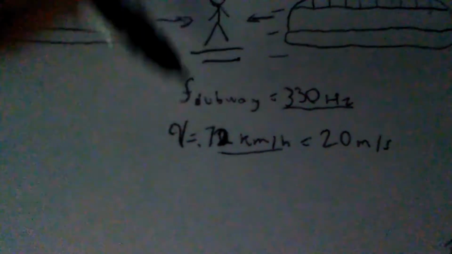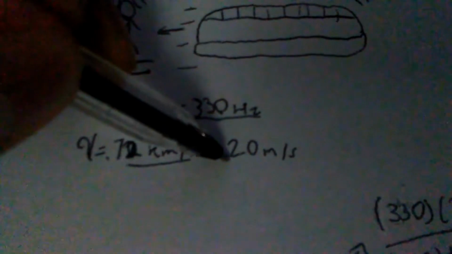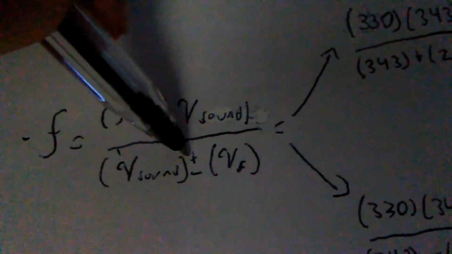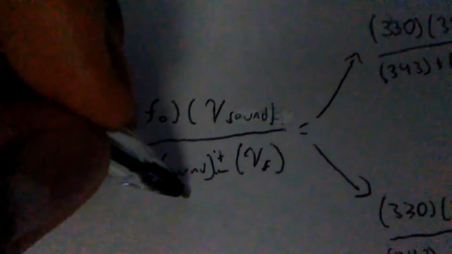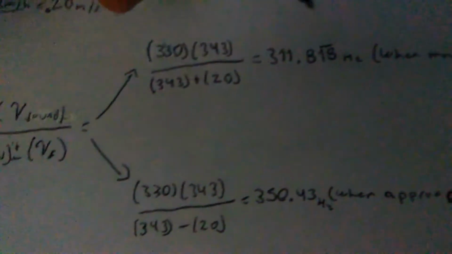Same as before, we have to convert the 72 km per hour to meters per second, which equals 20 meters per second. So then, we just use the same formula as the previous exercise, changing the symbols to positive or negative if the subway is moving away or approaching accordingly, giving us a frequency of 311.81 Hz when moving away, and a frequency of 350.43 Hz when approaching.